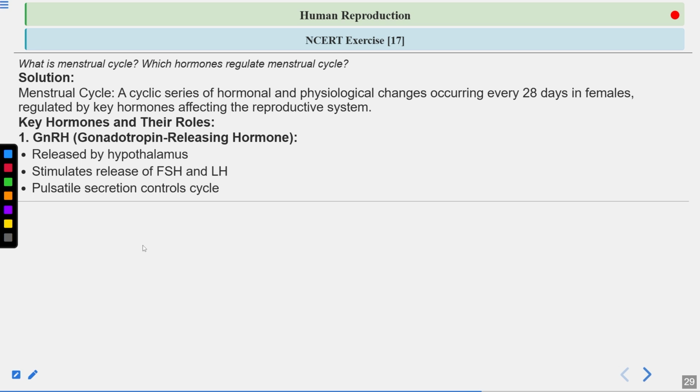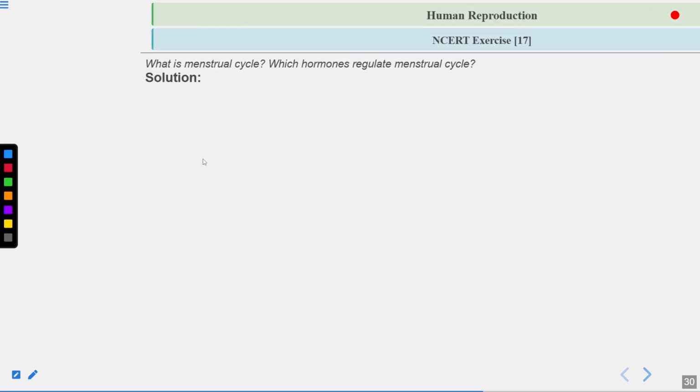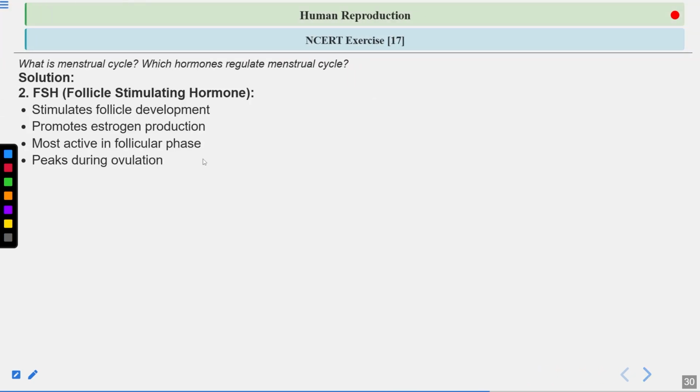First is the gonadotrophic releasing hormone. This is released by the hypothalamus. This gonadotrophic releasing hormone then stimulates the anterior pituitary to release FSH and LH. FSH, known as the follicle stimulating hormone, stimulates follicle development.